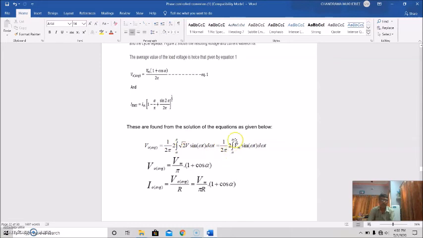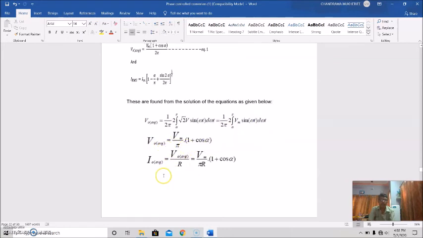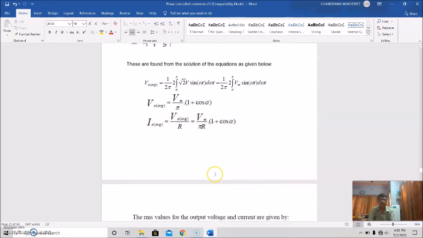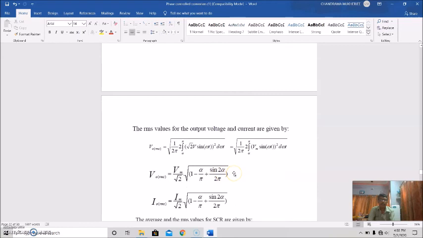So this is the output average, Vm by pi into 1 plus cos alpha, and the average output current will be like this. The RMS value for the output voltage and current will be like this. RMS means root mean square value.